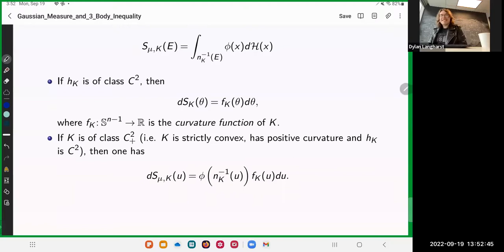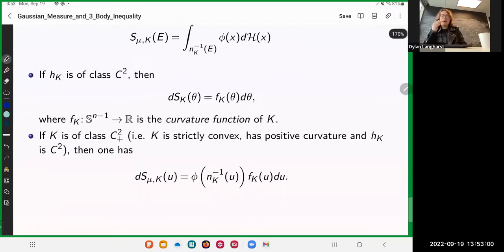If K is of class C2+, i.e. K is strictly convex, has positive curvature in the differential geometry sense, which we'll push under the rug, and its support function is twice differentiable, then the measure theoretic surface area measure also has density. And this is what it is.